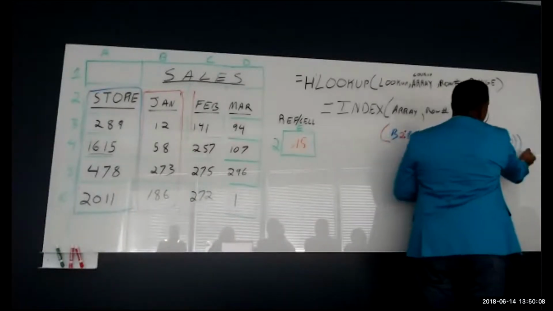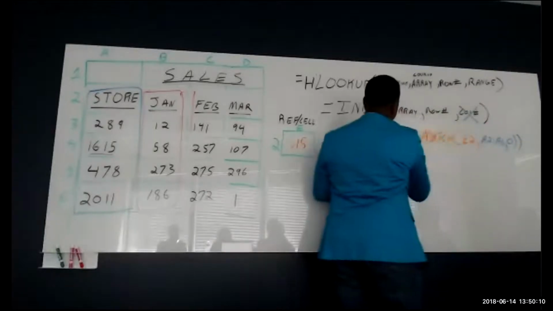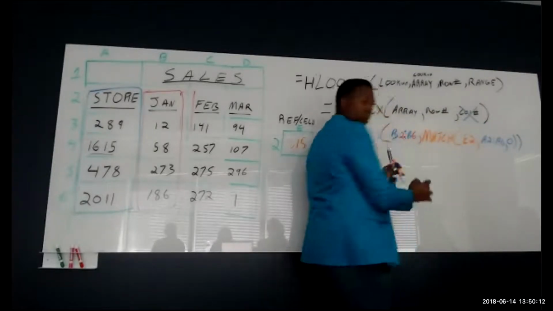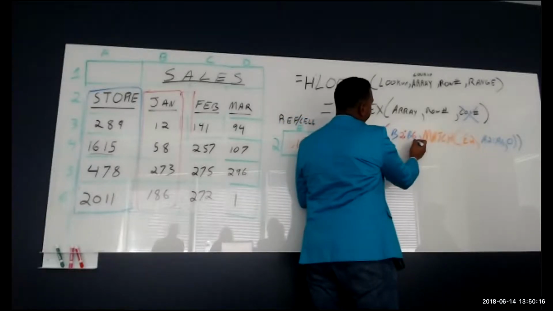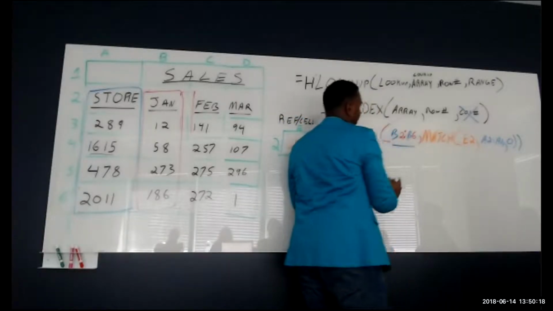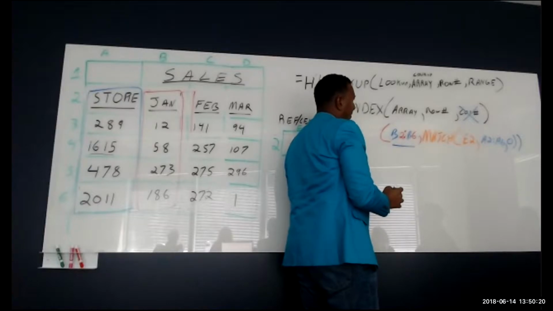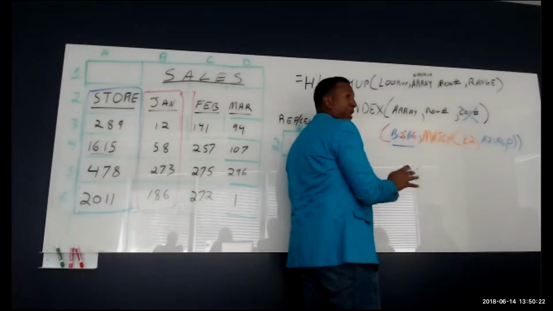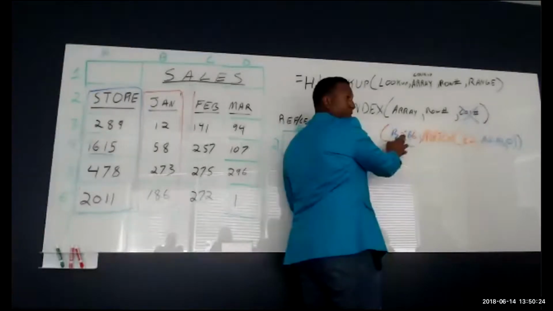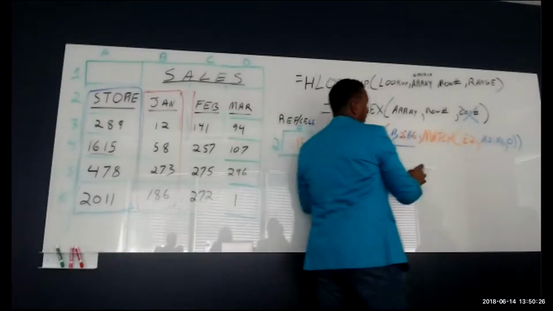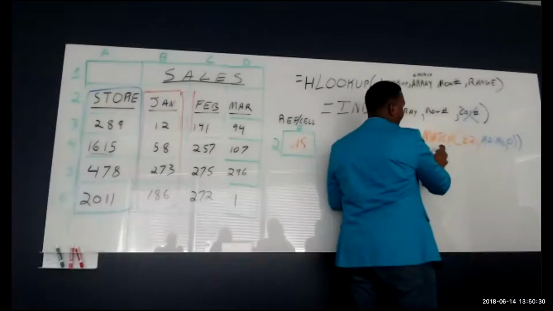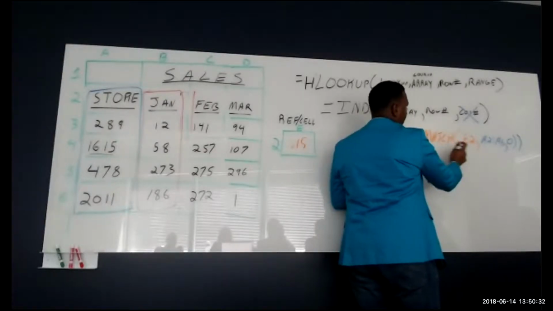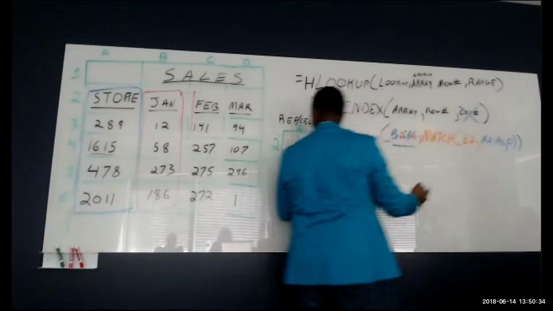So I'm going to close my formula off to say, hey Excel, so everybody can see me, go look between B2 and B6 and hold it right there. And when you get there, I'm going to tell you what I want out of this array. So pause. Then I want you to match what's in E2.